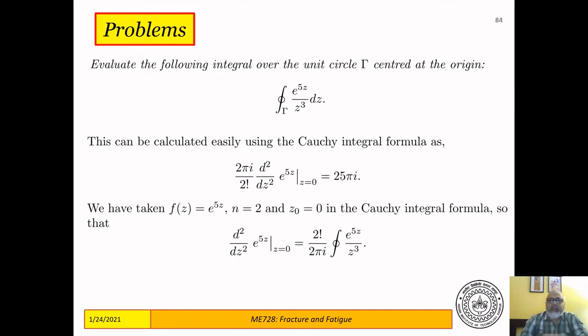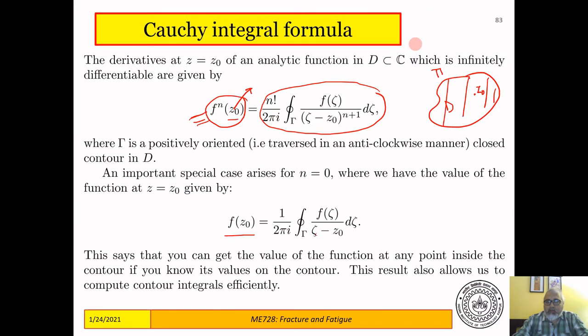For example, take a contour integral of this form: e to the power 5z by z cubed dz. So go back to this formula. Let's take n equal to 2, z0 equal to 0. n equal to 2 gives me zeta to the power 3.